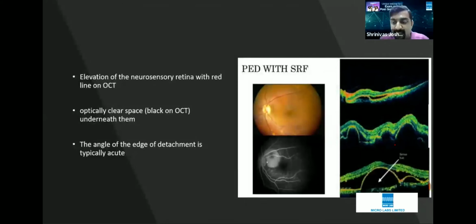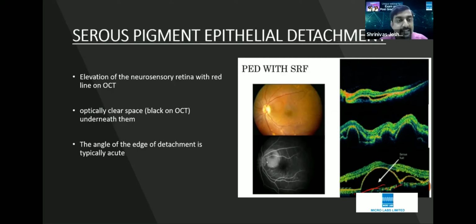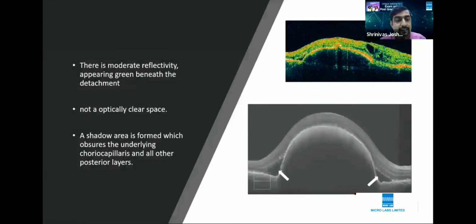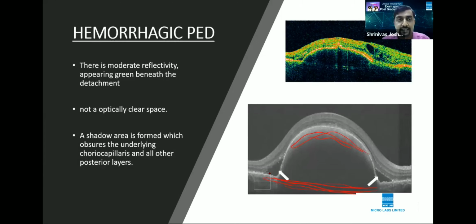Now, coming to the PED, there are 3 types of PED. I think you all know that. If it's an optically empty space and you can see the choriocapillaris beneath it, then it's a serous pigment epithelial detachment. But when there is moderate reflectivity appearing inside and underneath the detachment, and because of the shadowing of the hemorrhage you are not able to see the underlying layers, this is called hemorrhagic pigment epithelial detachment, which obscures the underlying choriocapillaris and all the other posterior layers.